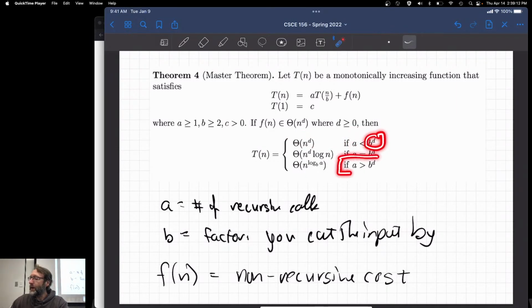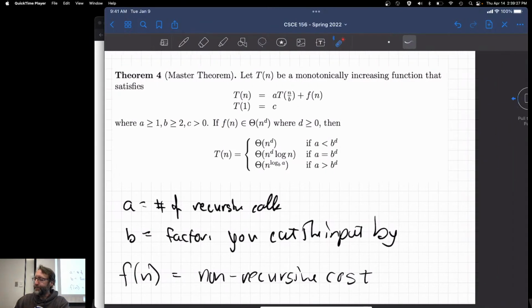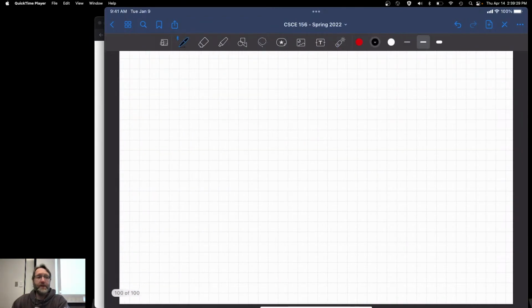The second case here is when you are doing more recursive calls than you're doing non-recursive work. And this third case is when you're doing roughly an equal number of recursive calls and non-recursive work. In any case, it doesn't matter. Again, it's just a tool that you use to plug and chug.